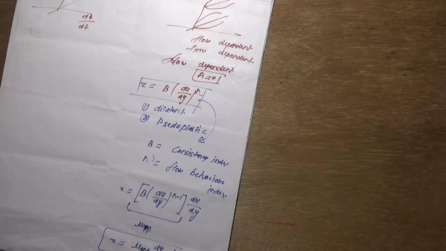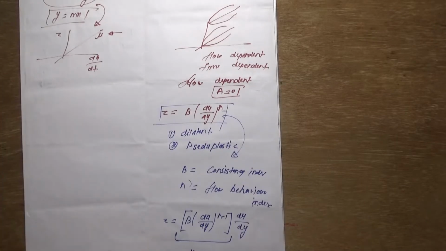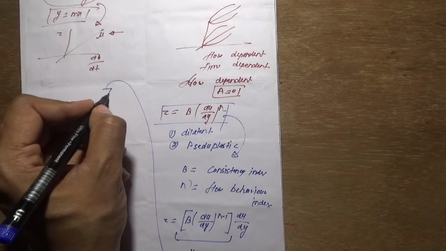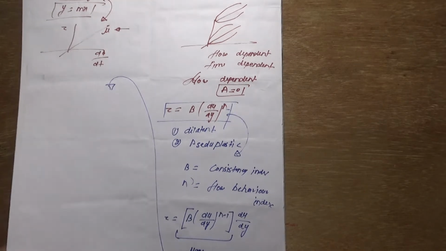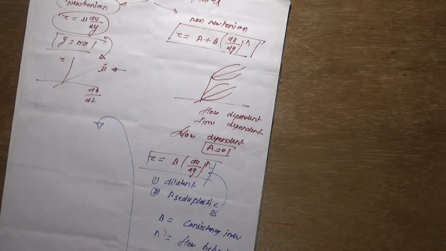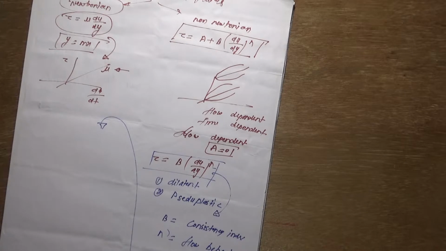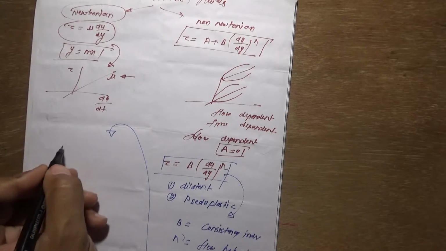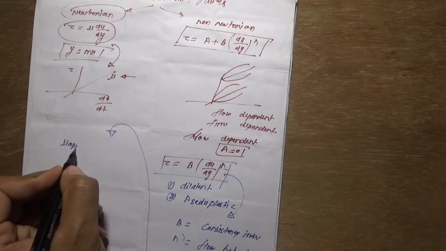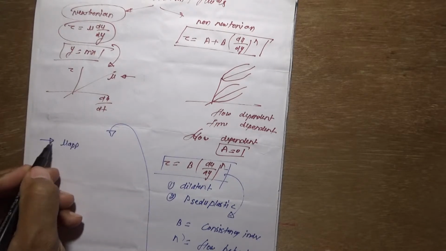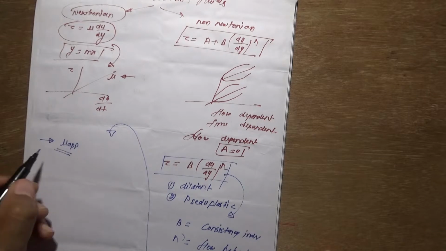For dilatant, I am going to take only mu apparent, and after that I am going to discuss only mu apparent.